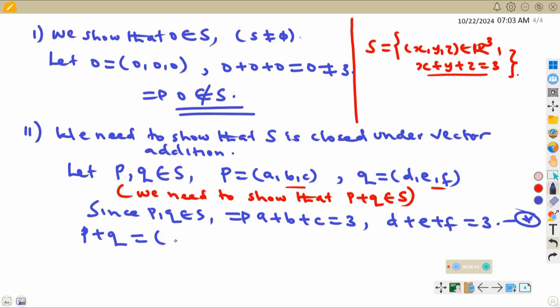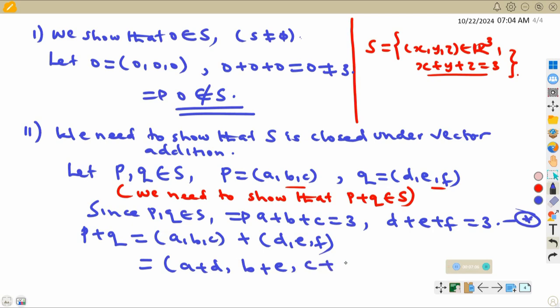So P plus Q is same as getting (a, b, c) and adding Q, which is (d, e, f). When you do that, the corresponding components are a plus d, b plus e, then c plus f. This is what we have.